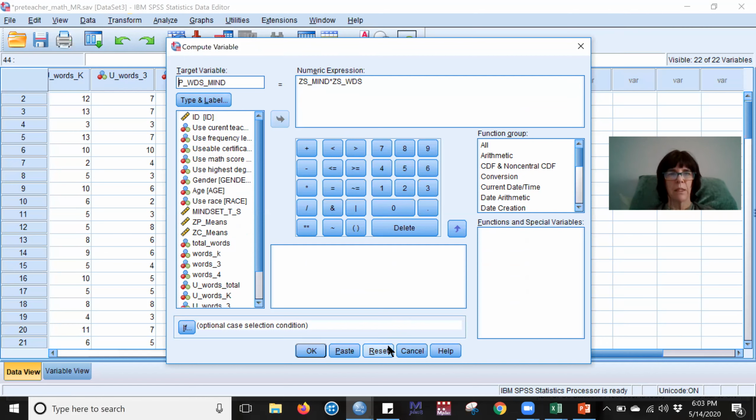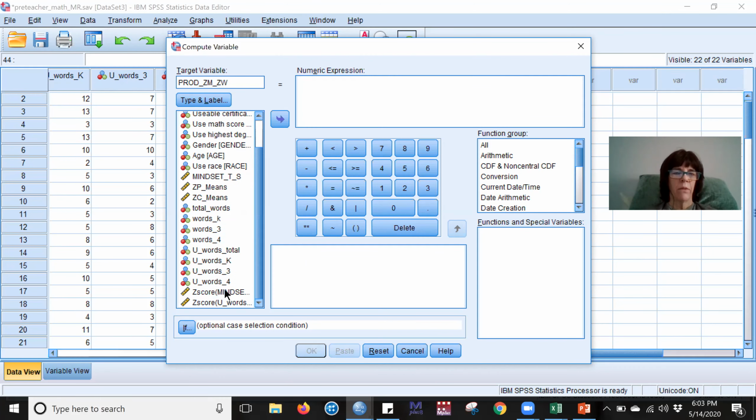We're going to create the product of Z mind and Z words. That will be this variable that we just created, the standardized mindset value, times, that little asterisk, times the standardized unique words variable.